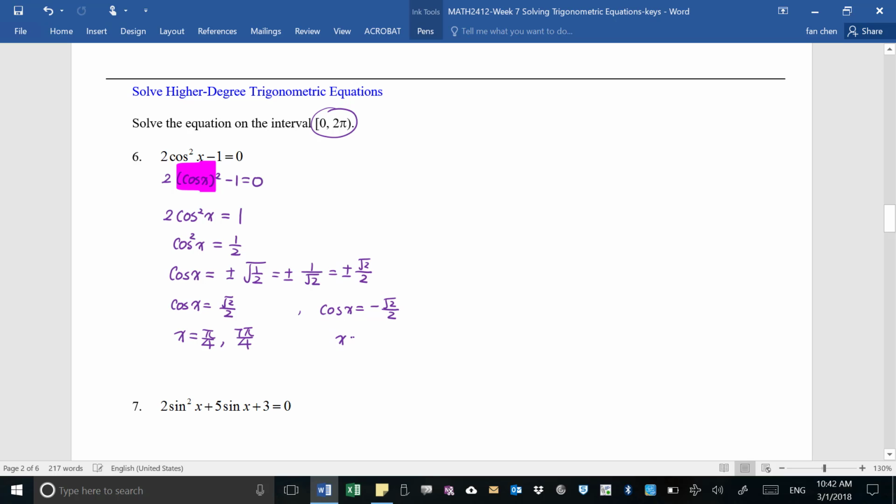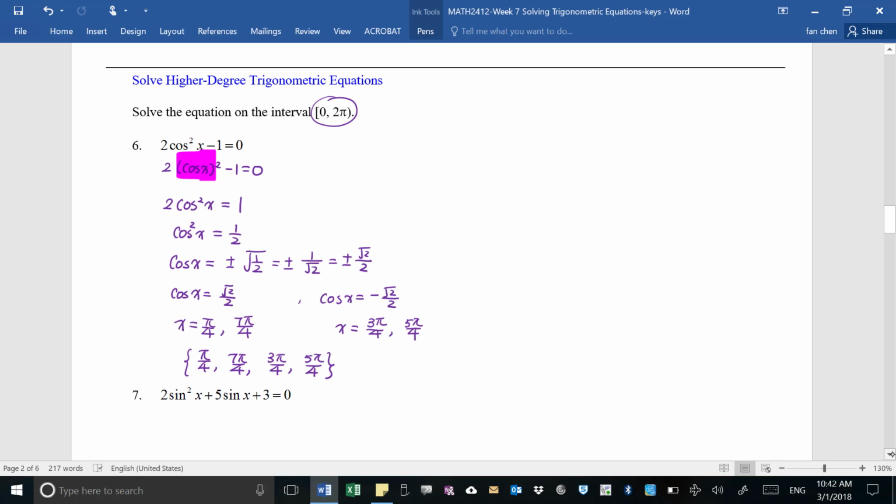So x will be in the second quadrant, pi minus pi over 4, that's 3 pi over 4, or pi plus pi over 4, that is 5 pi over 4. So therefore your solutions are pi over 4, 7 pi over 4, 3 pi over 4, 5 pi over 4.